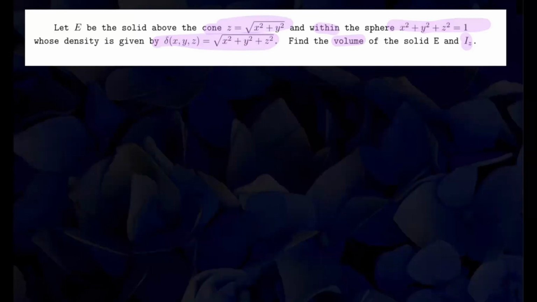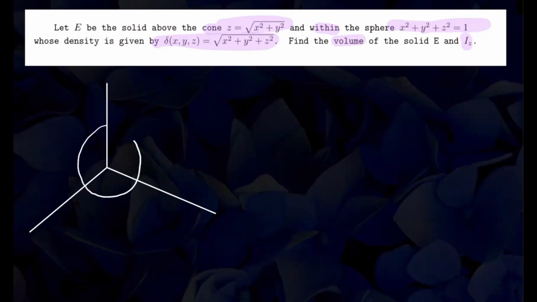So let's imagine what we're given here. Here's our x, y, and z axes. Let's see if we can visualize something. We have a sphere of radius 1. So let's suppose we have a sphere, something like this. Hopefully you can visualize that.